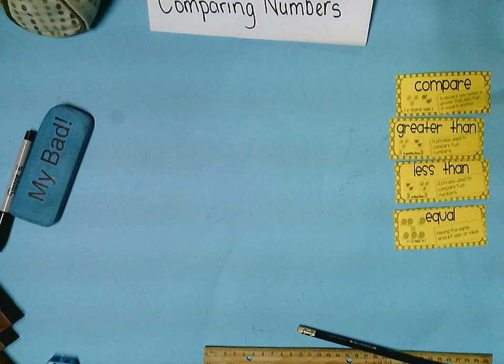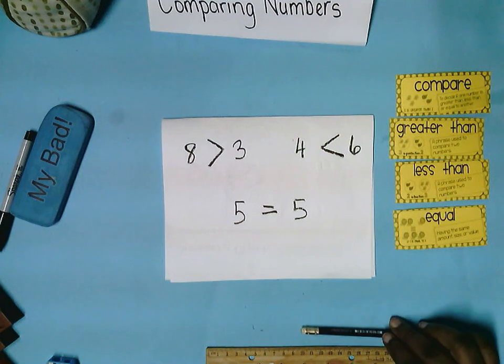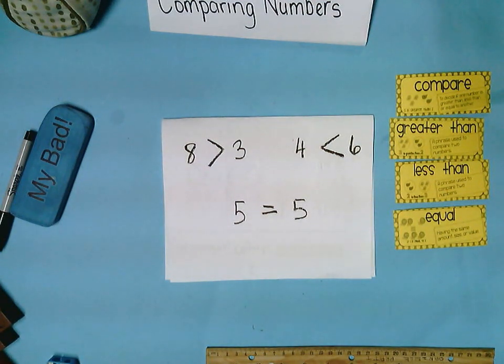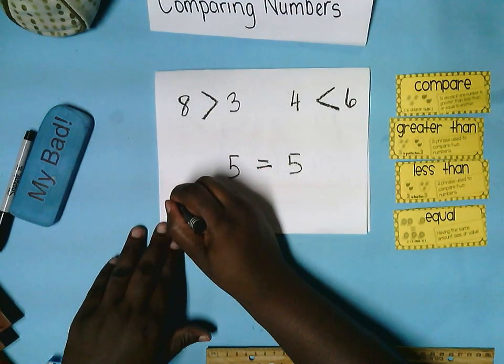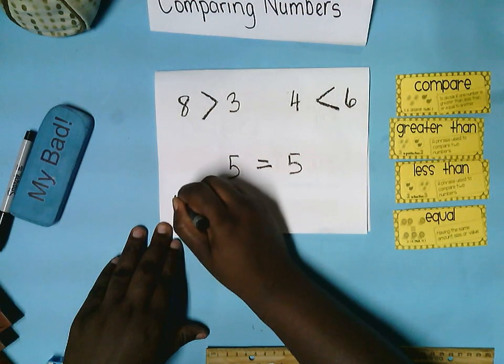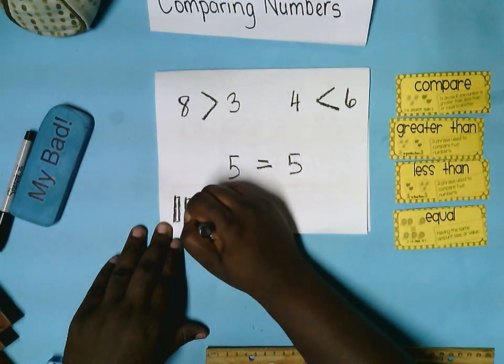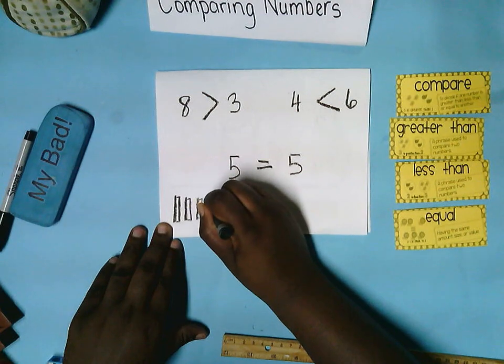Okay, so we can actually use base 10 or place value when we are comparing numbers. For example, 33 and 35. If I'm going to draw that using my base 10, 33 and 35, 30, 1, 2, 3.